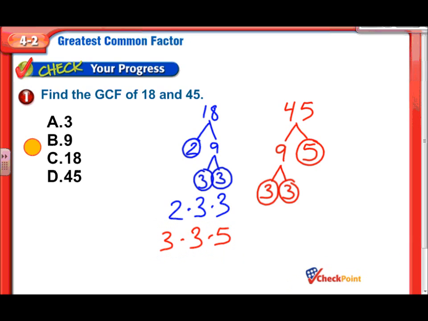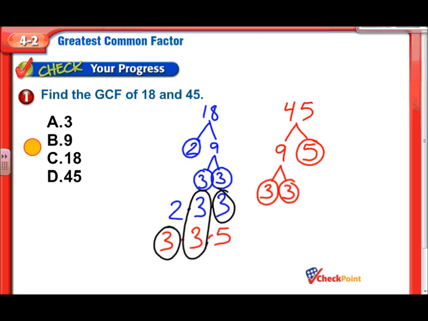All right, so what do they have in common? Well, let's see. This one has a 2, but that one doesn't have a 2. Oh, here we go. They both have a 3 in common. And that seems to be it. Oh, wait, no, there it is. They each have another 3. Oh, my bad.